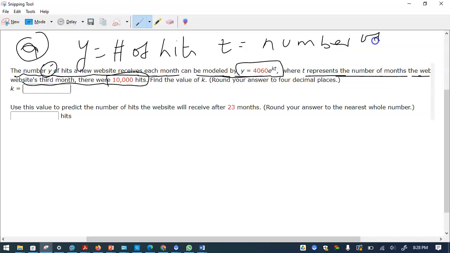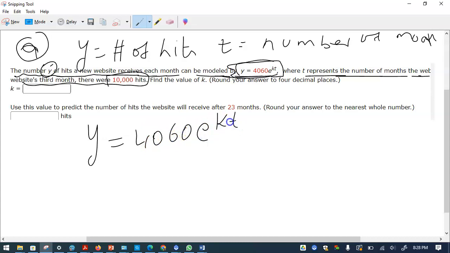Okay, so the question is, in this function, y is 4060 e raised to kt. All you need to do is figure out the value of k. So you are given input and output: when the input is the third month, when the input is 3, the output is 10,000.